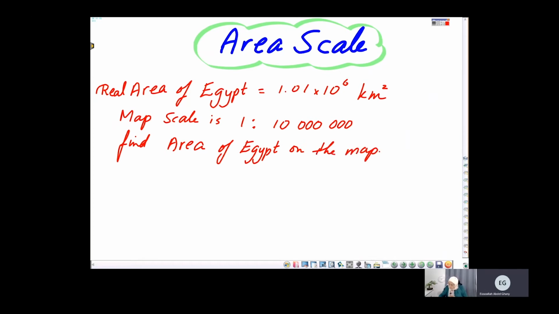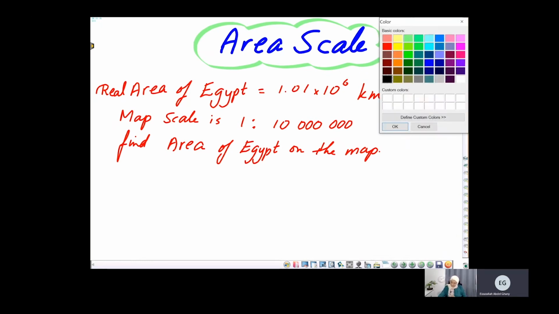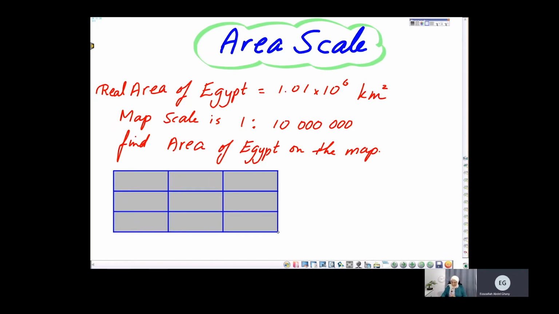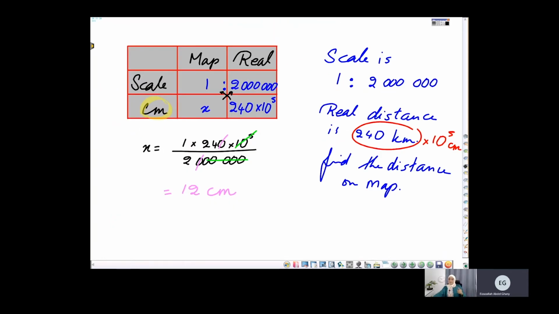Now let's draw our famous table, but we'll change the titles. The titles were before, for map scale: map, real, scale, centimeter.